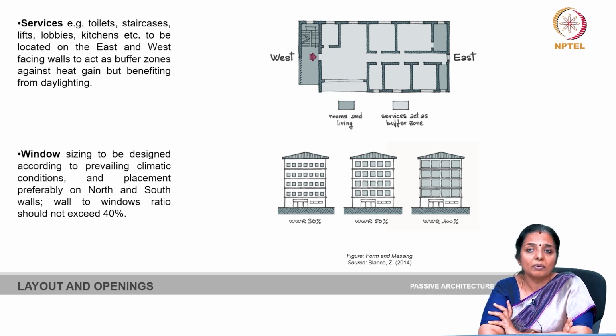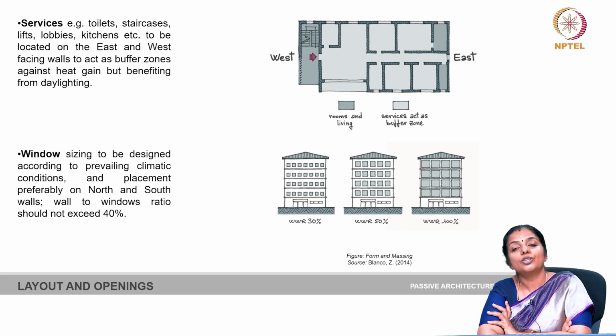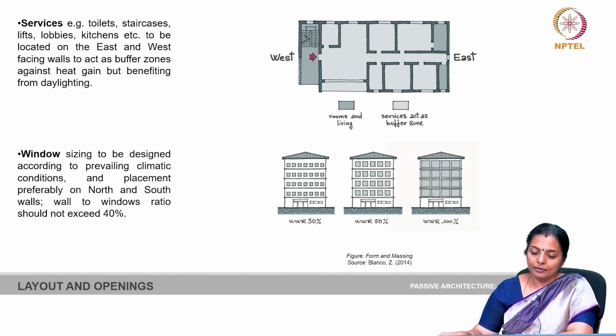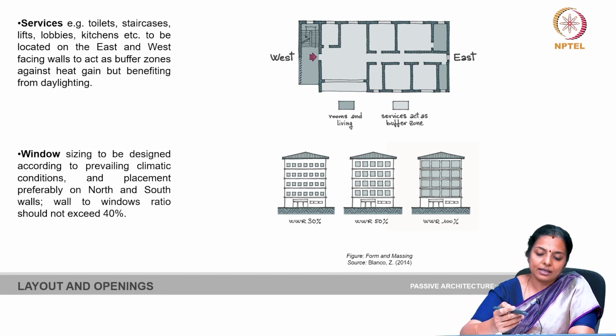This ratio ensures that the building envelope remains well insulated and doesn't compromise on energy performance. So, window sizing must be done with the consideration of prevailing climatic conditions, and the placement, preferably on north and south wall, should not exceed 40%, while on the west wall it should be as minimum as possible.